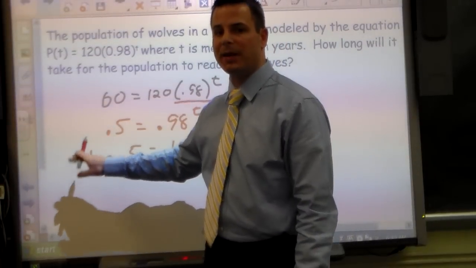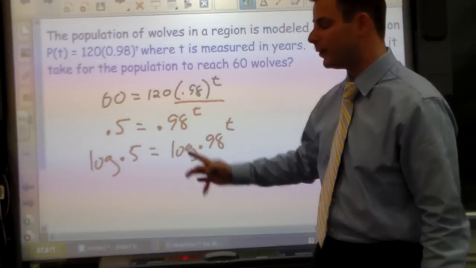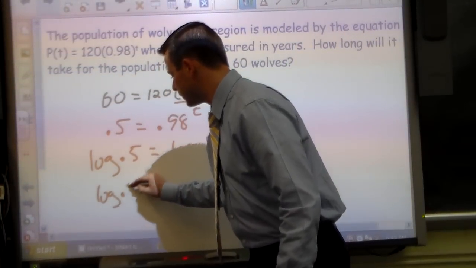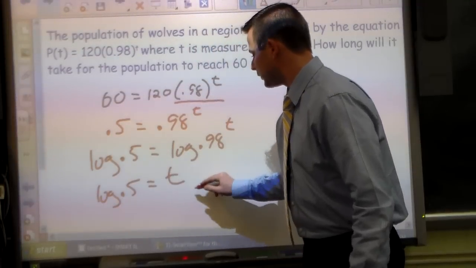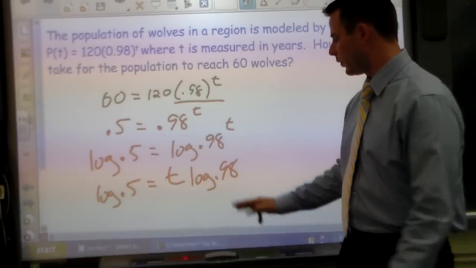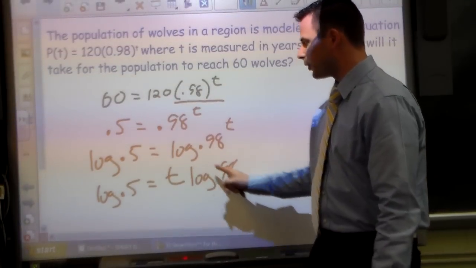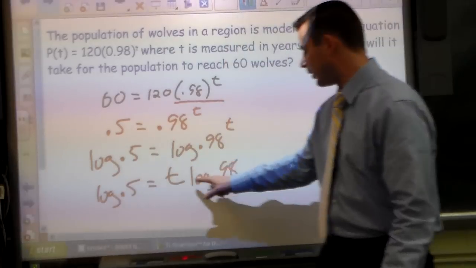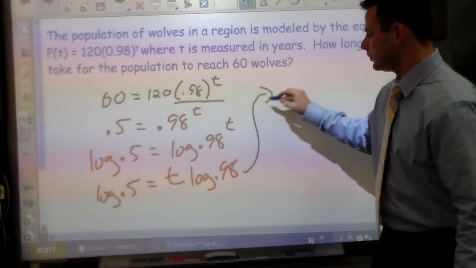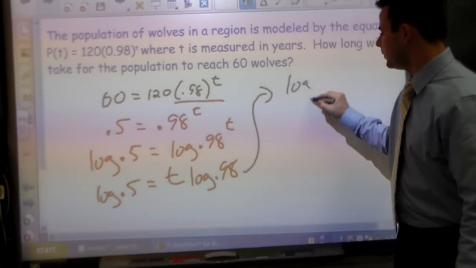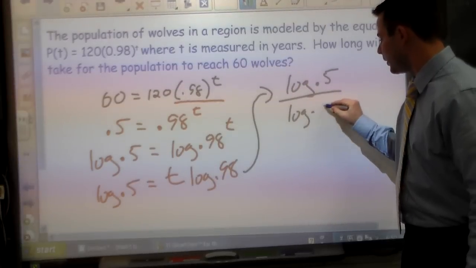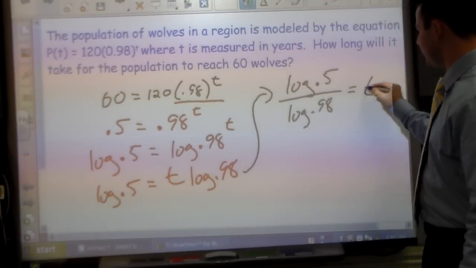Remember, this is a common log, so the base is 10, not important here, but when you're solving equations, it is. Now we can bring the t down. Log 0.5 equals t times the log of 0.98. So log of 0.98 is a number. A number times t equals a number. So we're going to have to divide by log of 0.98. So log of 0.5 over log of 0.98 equals t.